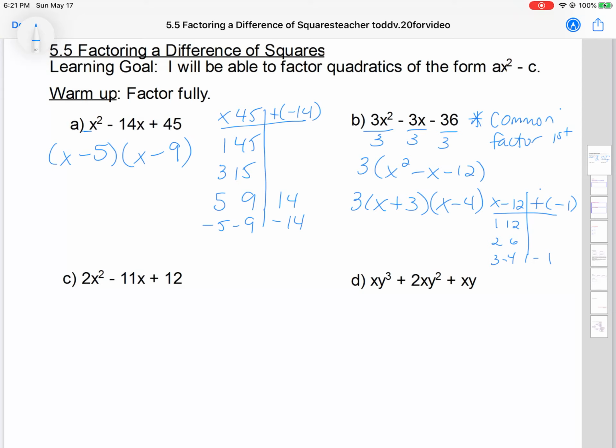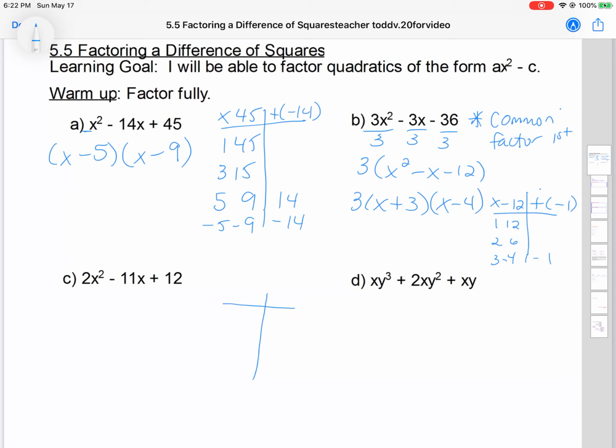Okay. And then we have 2x squared minus 11x plus 12. None of those will have a common factor. So what we're going to do is you have to do decomposition or magic X or guess and check.